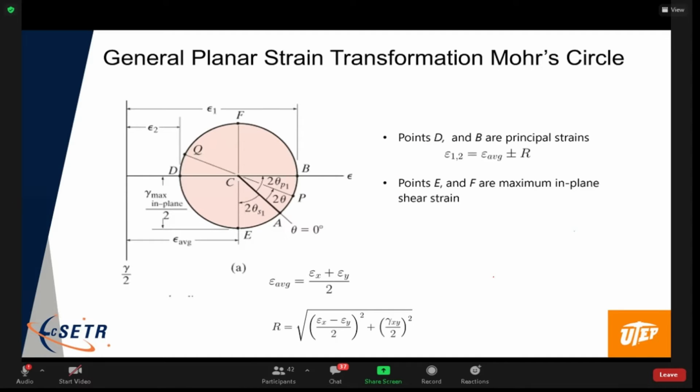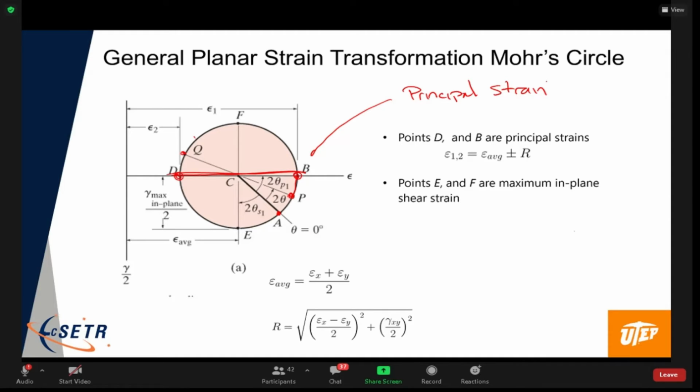Since we have Moore's circle, if we have a certain state of strain like here and here, we can figure out how to rotate into a strain state on the x-axis where there are no shear strains, and this is the principal strain state.